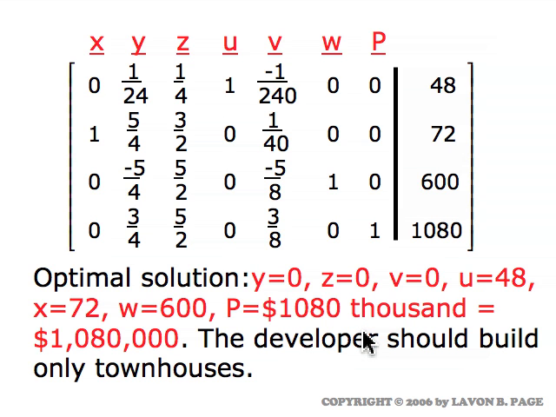Before leaving the problem, though, let's give a little thought to the slack variables. U was the slack variable in the land constraint. So U equals 48 says if we follow this strategy, we're going to have 48 acres of land which is not used to build houses.